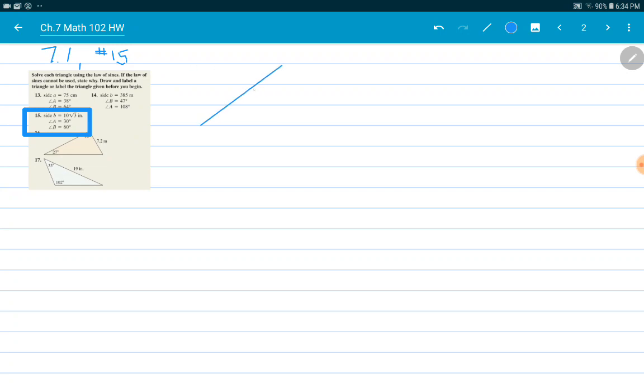So I'll start by drawing a triangle. I'll just draw it kind of randomly. I don't really want it to look like an equilateral.